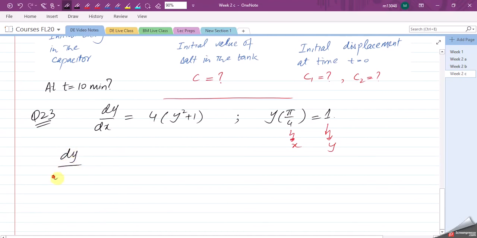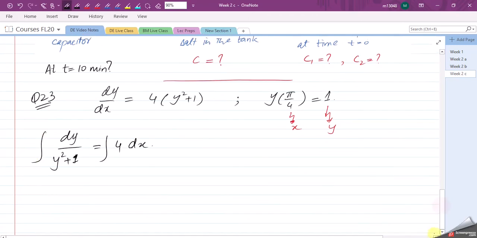dy over y squared plus 1 equals 4 dx, and then we integrate. Does anybody remember the integral of 1 over y squared plus 1 dy? Arc tan of y equals 4x plus c.